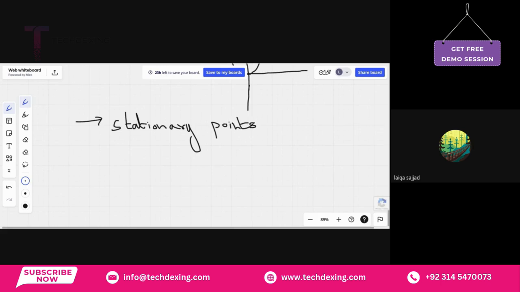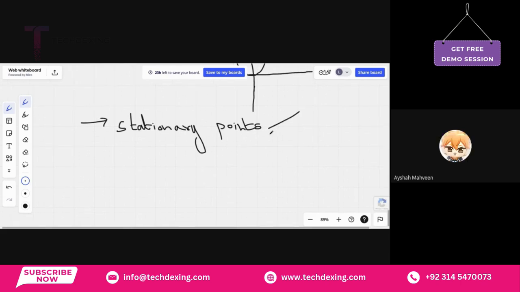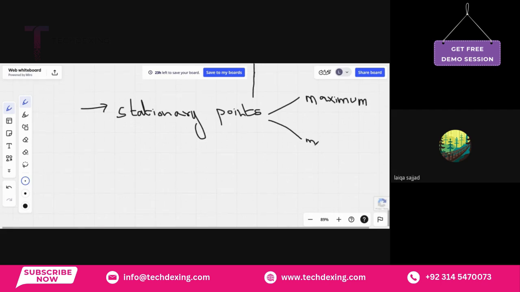It can be a maximum point or a minimum point, and we also call them turning points or vertices.